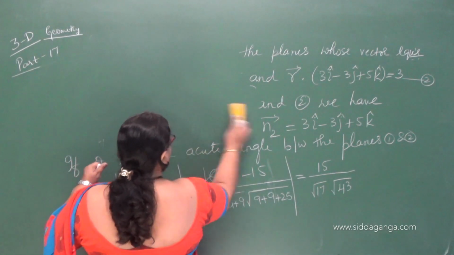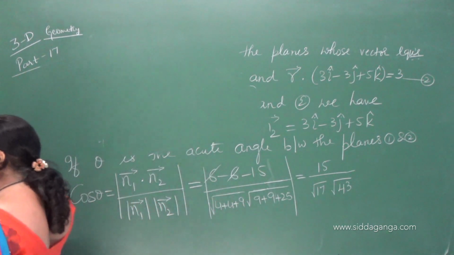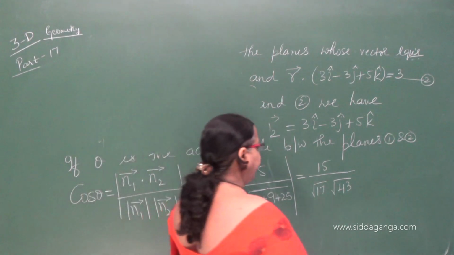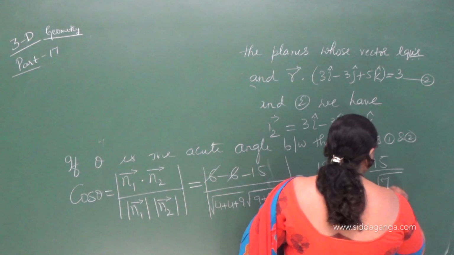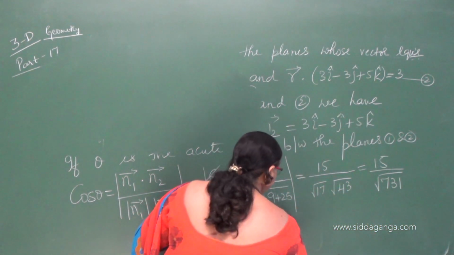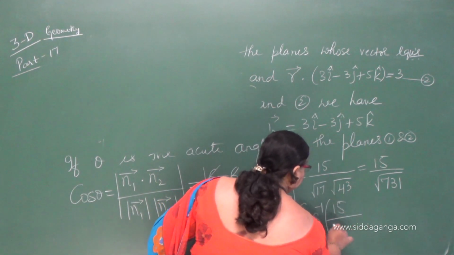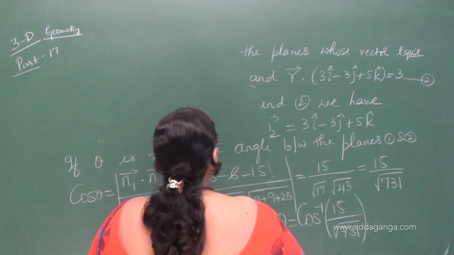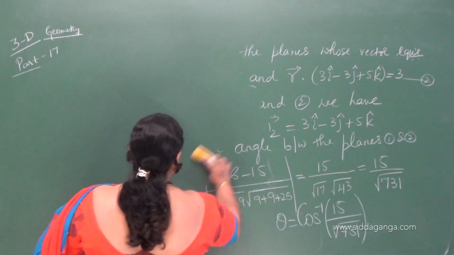So therefore cos theta equal to 15 divided by root 731. Multiplying these two, we get it in one root, that is 15 by root 731. That is cos theta. Therefore theta equal to cos inverse of 15 by root 731. So that is the angle between the given two planes.